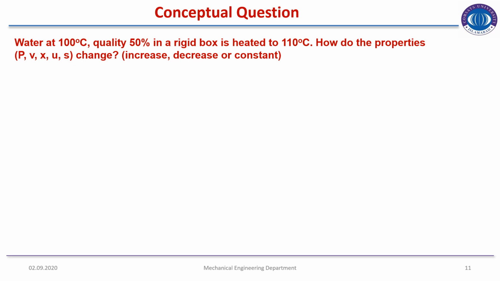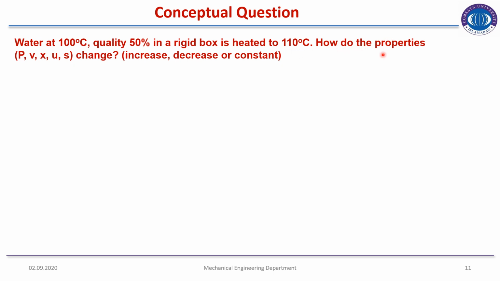So now we will discuss some conceptual questions and answers as well. Water at 100 degrees centigrade, quality 50%, in a rigid box is heated up to 110 degrees centigrade.